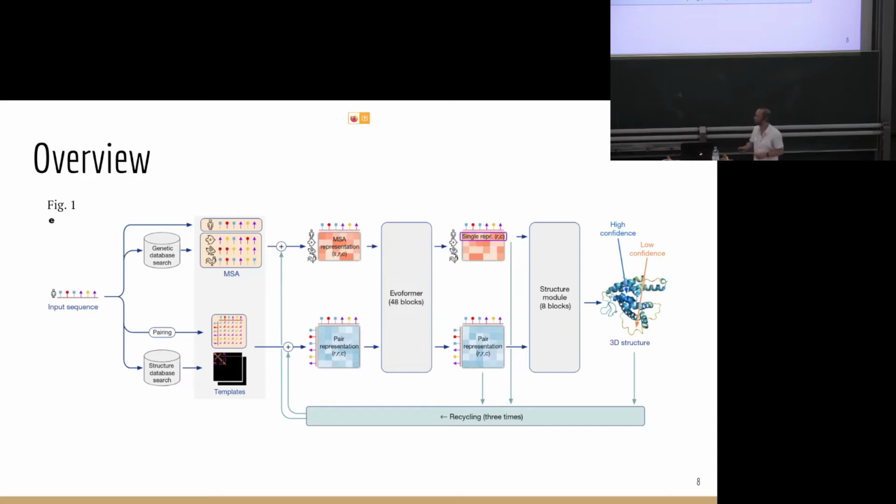They do this for every residue, so what you see here is in terms of color coding, the blue is the most confident one, and the more it goes into the greenish, yellowish, reddish spectrum, the worse the confidence is. And what they could show is that this highly correlates with the actual performance. So it's a very reliable reliability indicator.